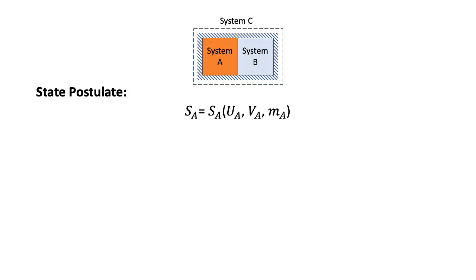We can analyze this using our postulates. We use first the state postulate, which says that the entropy of A is a function of UA, VA, and MA. Similarly, the entropy of B is a function of UB, VB, and MB.